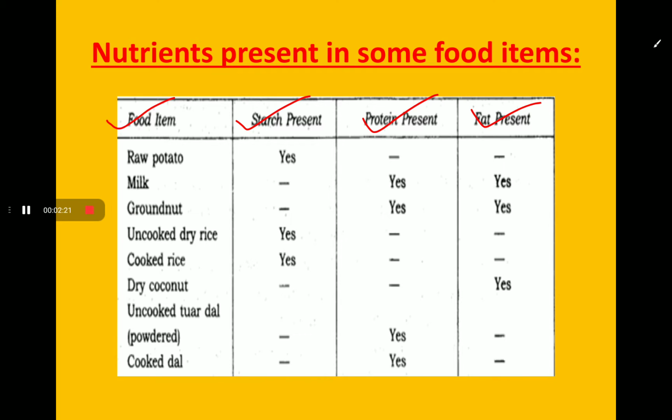As you can see, in the first point, in raw potato, only starch is present but protein and fat are absent. Similarly, in milk, starch is absent but protein and fat are present. And so on for all the food items. Now, all of you have to learn and write this table in your copy.